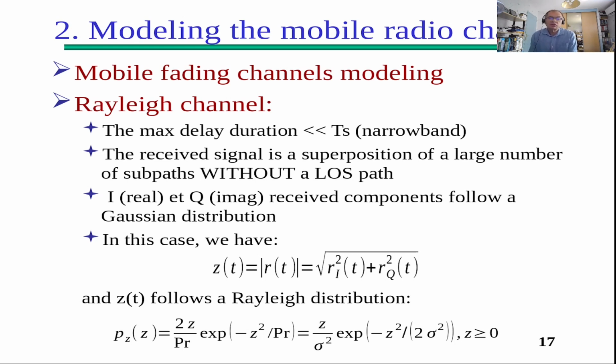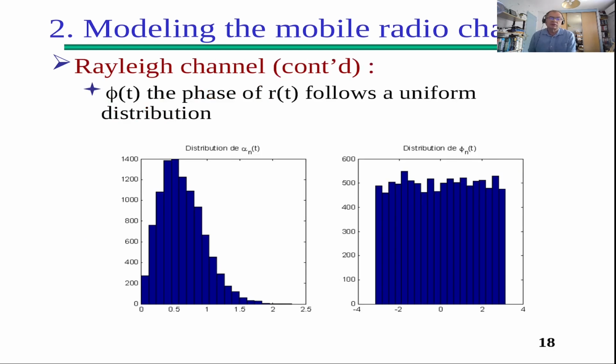So the I and Q receive components follow a Gaussian distribution, and if we take the modulus of these two components, we see that it follows a Rayleigh distribution, which is represented here on this slide on the left, and considering the phase, we see that it follows a uniform distribution between -pi and +pi.